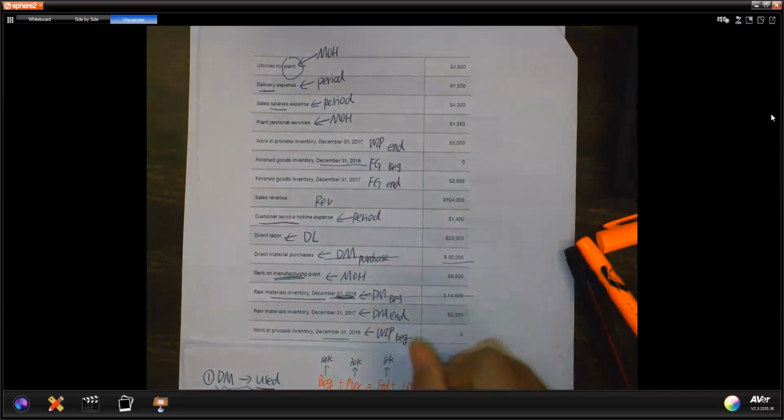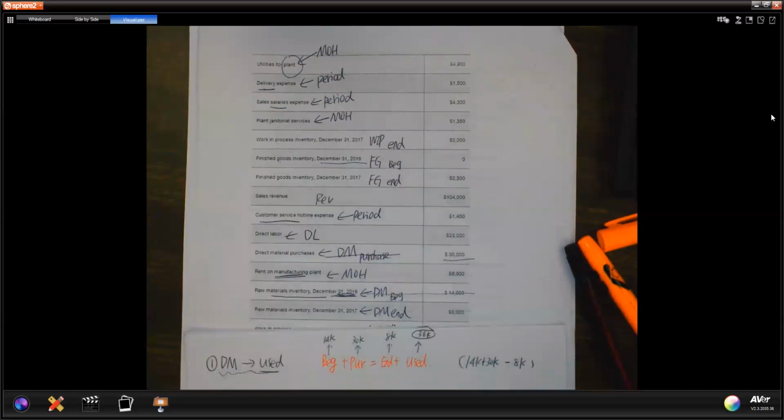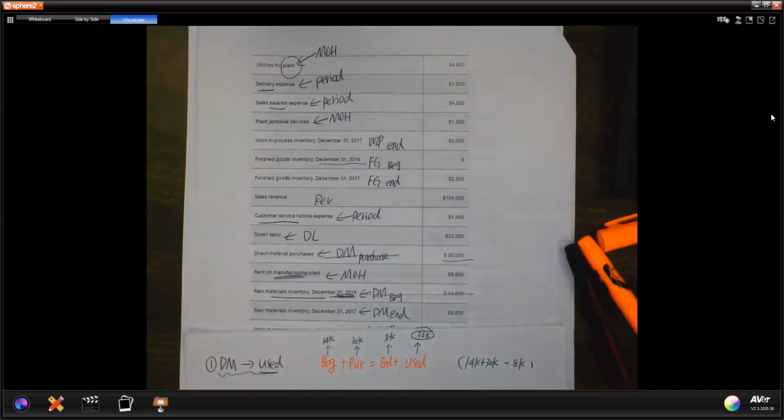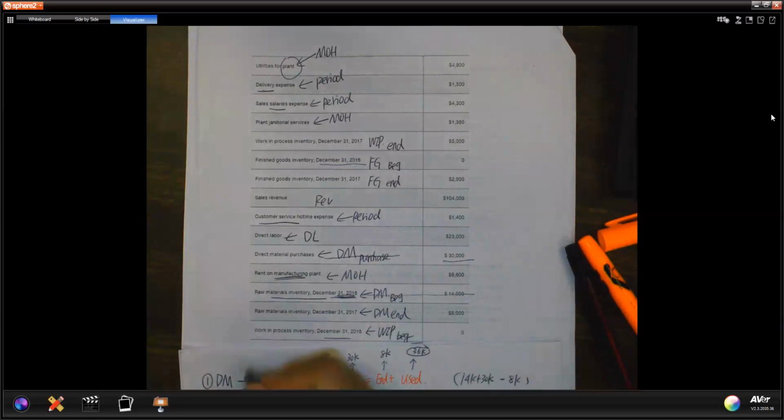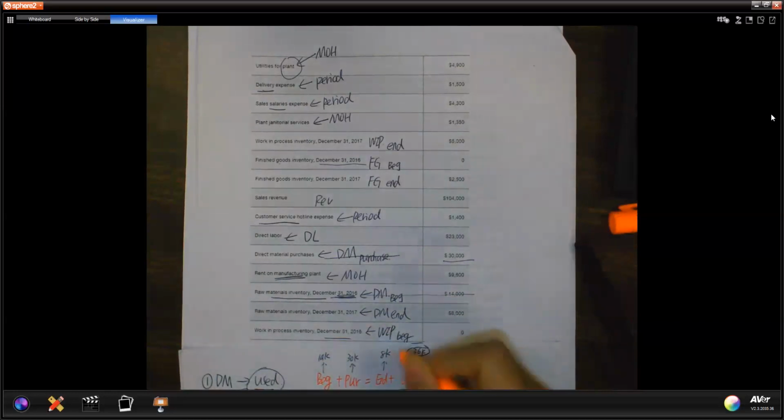We used 36,000, right? Beginning plus purchase equals ending plus used. So 14,000 plus 30,000 minus 8,000. That's the math part. So we got the direct material used is 36,000. Put that aside, we will use the number later.